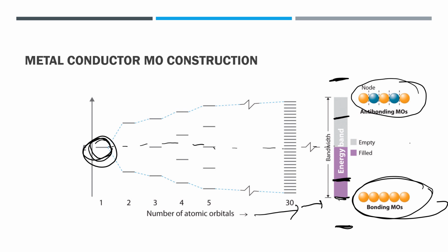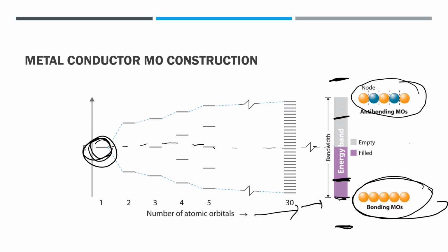And what changes this is how diffuse the atomic orbitals are. The more diffuse the atomic orbitals, the better overlap they're going to have with neighboring atoms, and that means there's going to be more bonding character, right? If there's more overlap, there's more bonding.